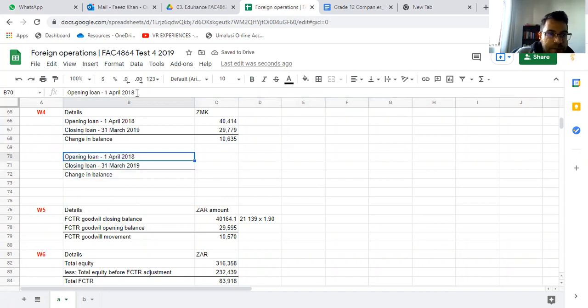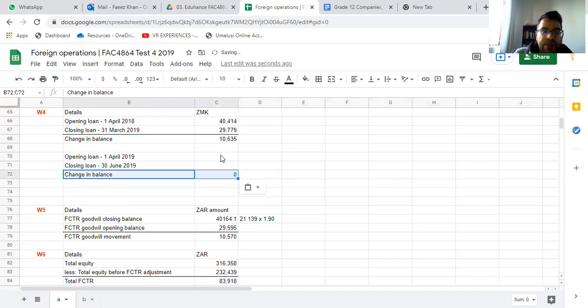I'm on the opening balance on 1 April 2019, and then the closing balance on 30th June 2019. Now I need it in foreign amount, right? That's what I want it in.